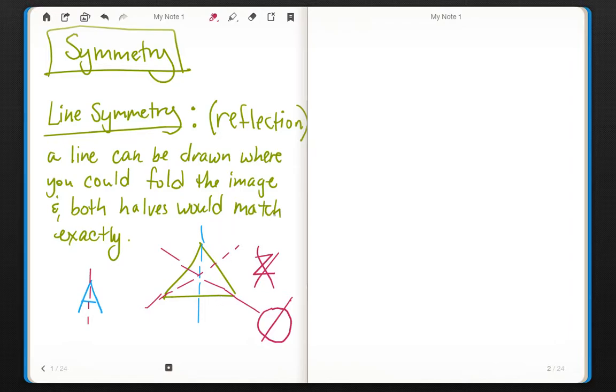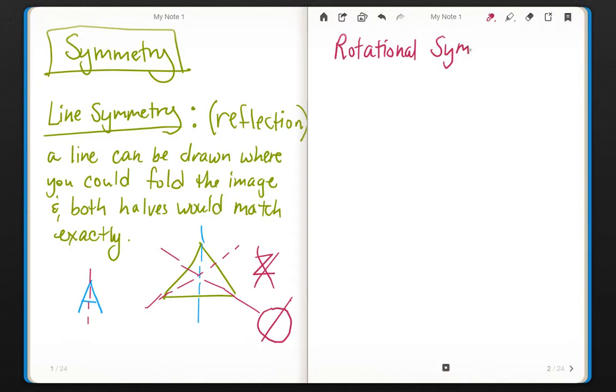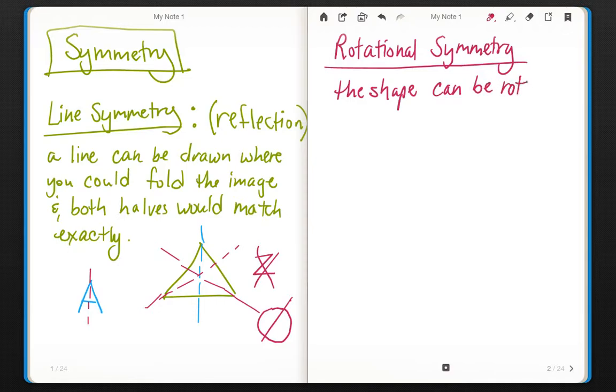Okay, so then the other kind of symmetry I mentioned is called rotational symmetry. And that's really kind of what it sounds like, that you can rotate the shape. So the shape, or you could put image, can be rotated or turned, and it still looks the same.